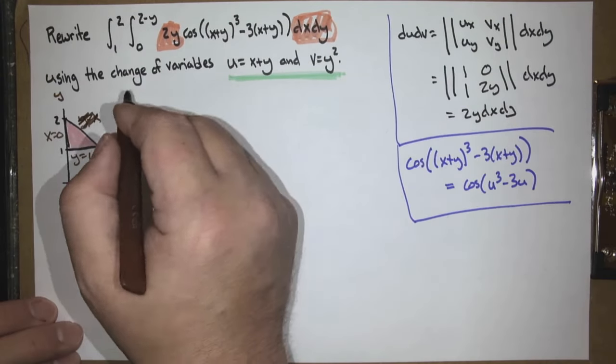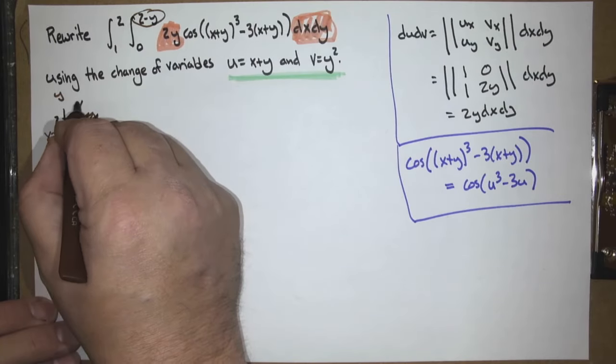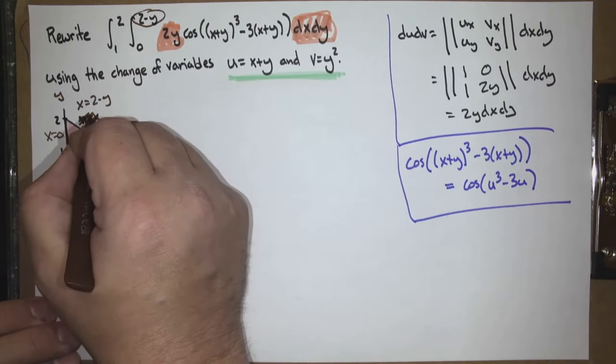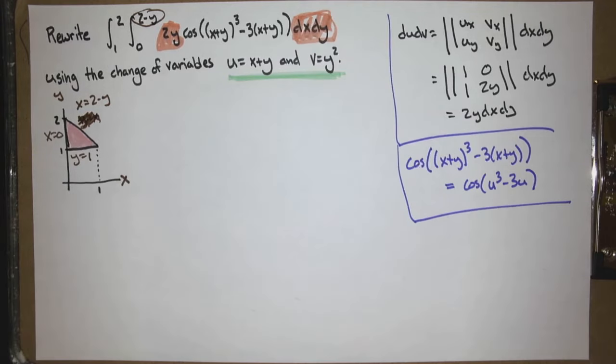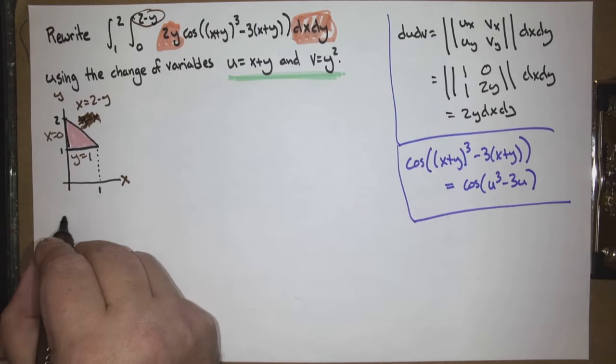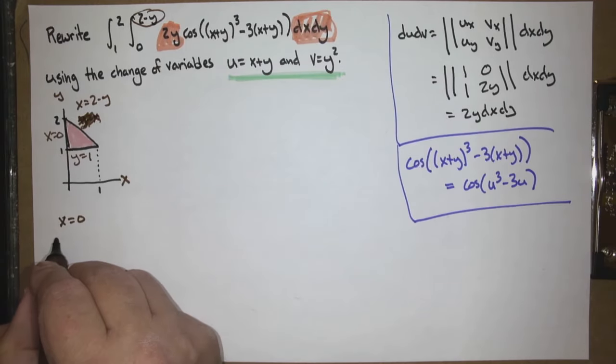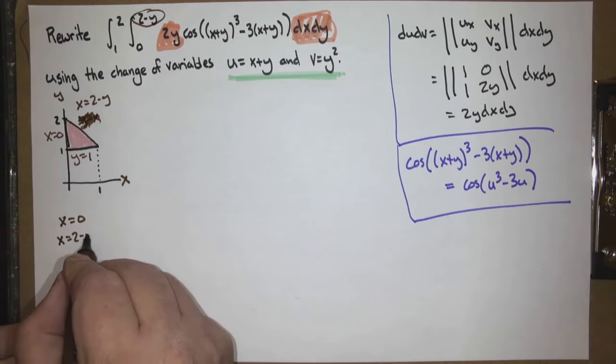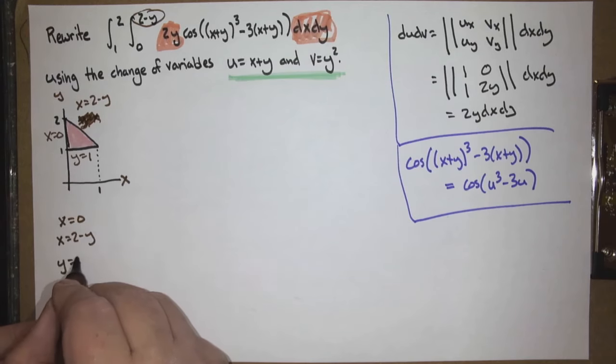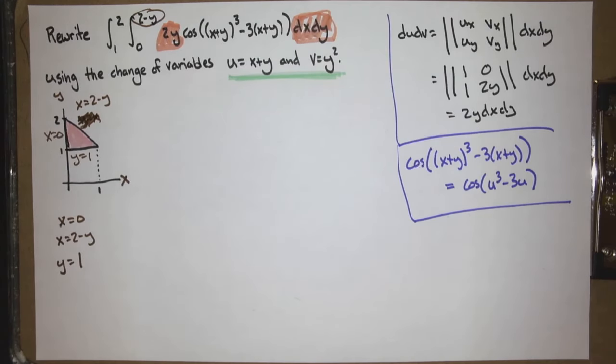Y equals x is this line. This is x equals 2 minus y. Sorry. All right, so we have 3 lines. Each line is going to become a curve in the UV plane. And 2 of them are fairly straightforward, and one of them is a little subtle. Which one do you want to do first?